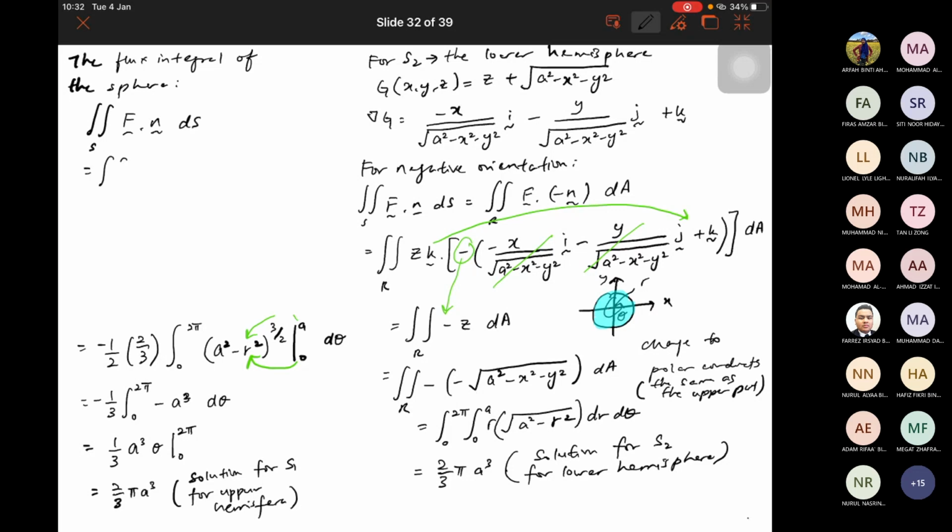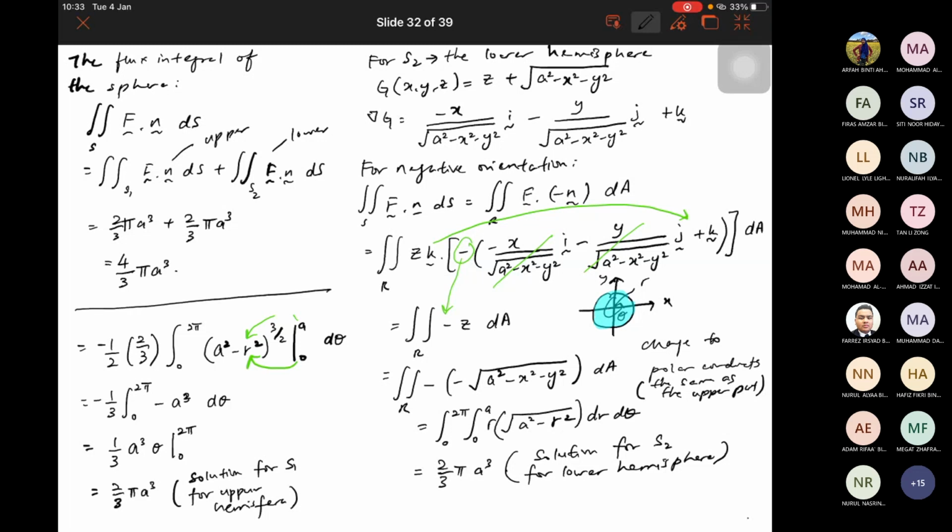It will be integration over the bounded region for the upper part f dot n ds plus the lower part. Okay, this is upper and this is the lower of the hemisphere. So sama dengan 2/3 pi A kuasa 3 tambah 2/3 pi A kuasa 3. So you will get 4/3 pi A kuasa 3. So itu adalah dia punya jawapan akhir.